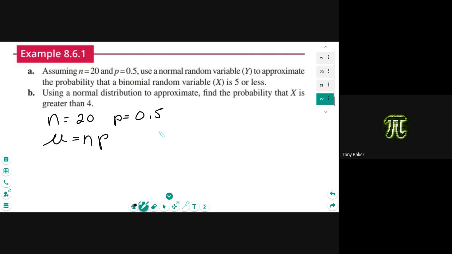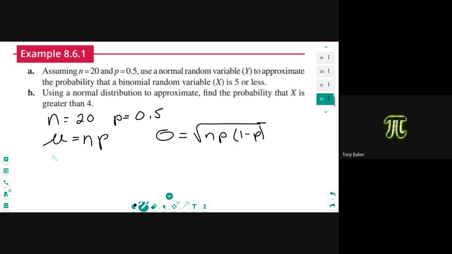Yes, expected value is the same formula for that one. And then the standard deviation is the square root of n times p times 1 minus p. So we need those two pieces of information before I can do any of the work.